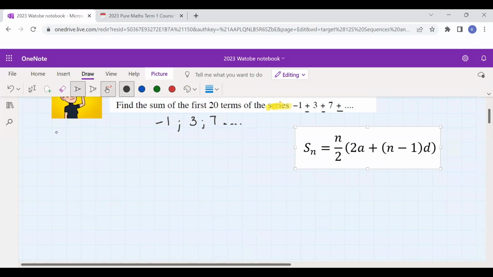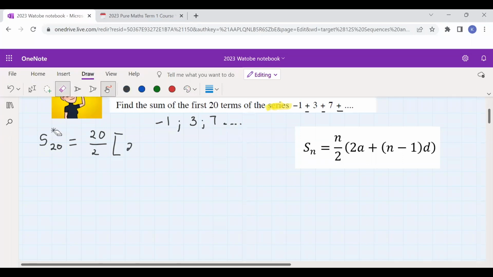So sum of 20. That's what the N says. Sum of what? And that would be S20 equals 20 over 2, and then in your bracket, 2 times A. How much is our A in this case? -1. Thank you very much to whoever that was.